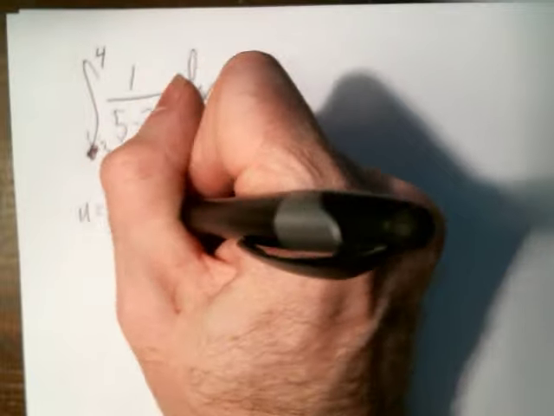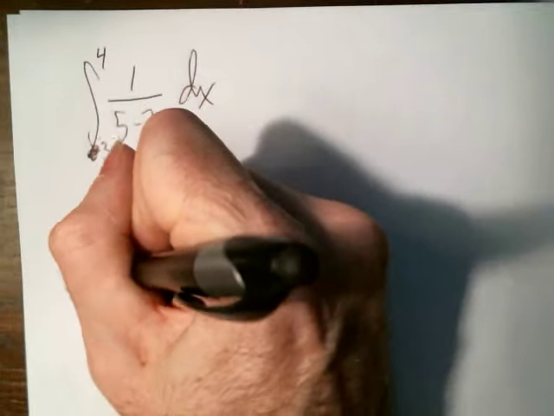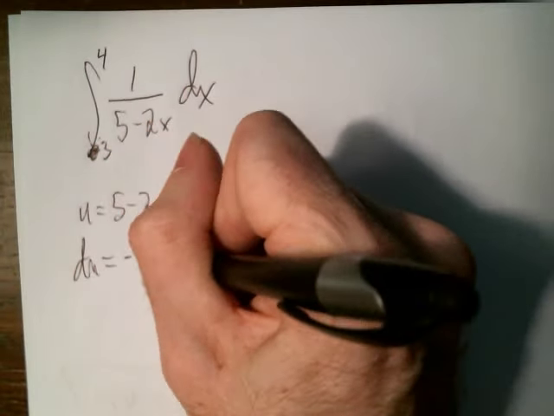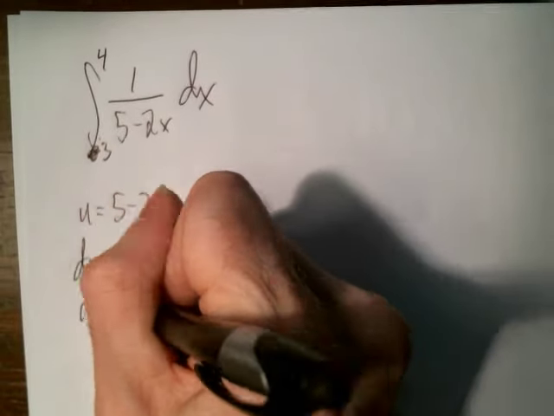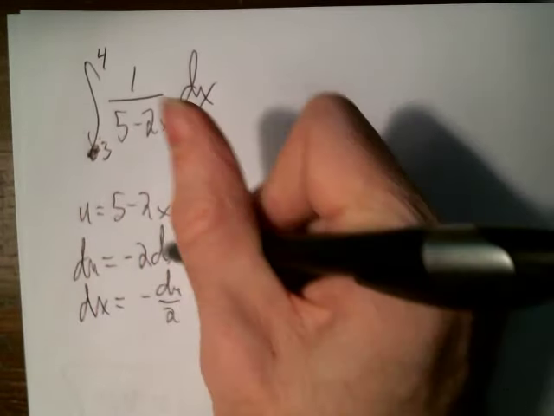Okay, so my u sub I have to do for the denominator, 5 minus 2x, and then du is going to be negative 2 dx. So dx is negative du over 2.